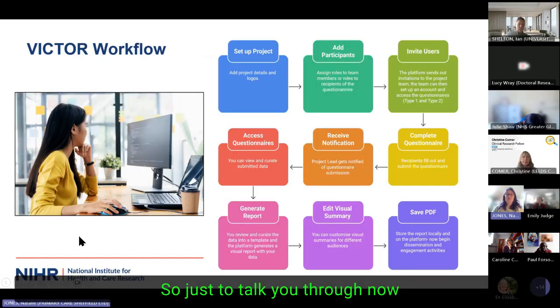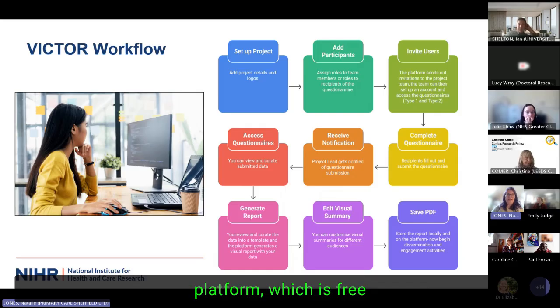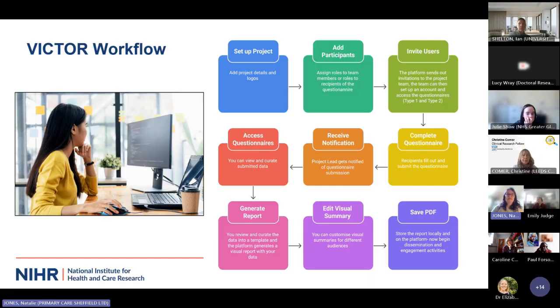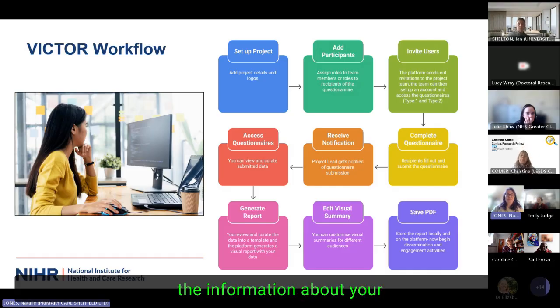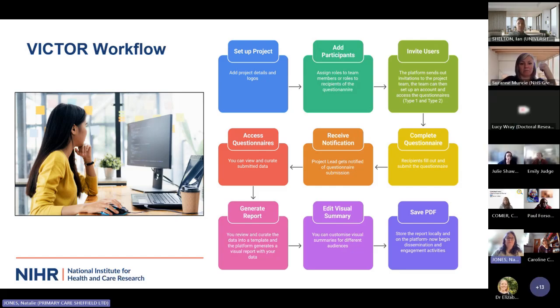So just to talk you through now the flow of Victor and how it works. So once you have access to the online platform, which is free and anybody can have an account, you can set up a project, and in that project you put the information about your project and your logos which pull through into the report.